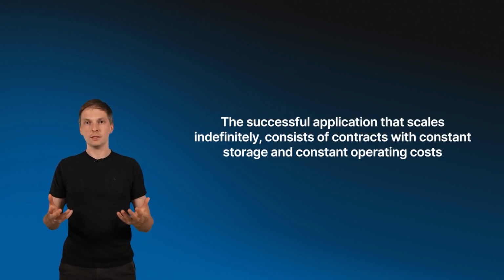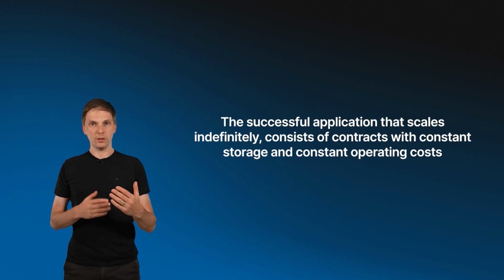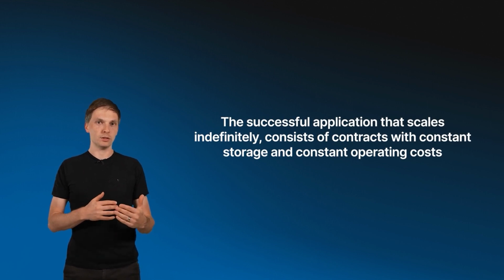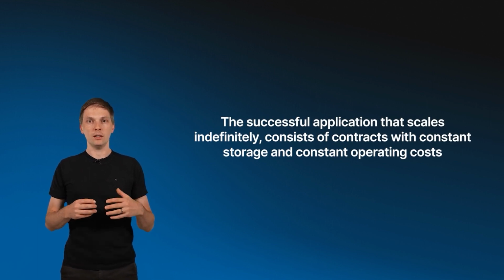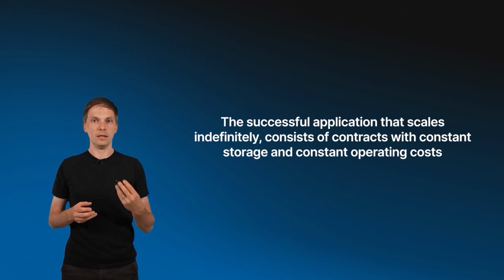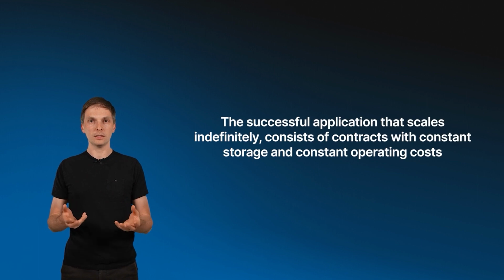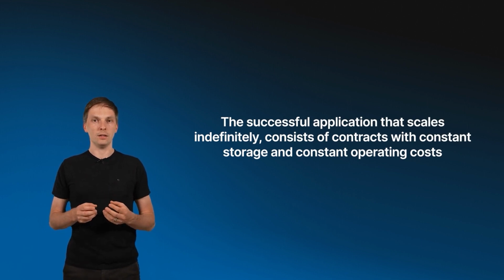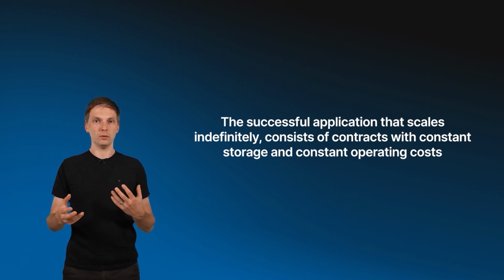So to conclude, the successful application that scales indefinitely consists of contracts with constant storage and constant operating costs that in turn yields predictable rent and gas costs for the users, and therefore allows other contracts to compose well with your application.